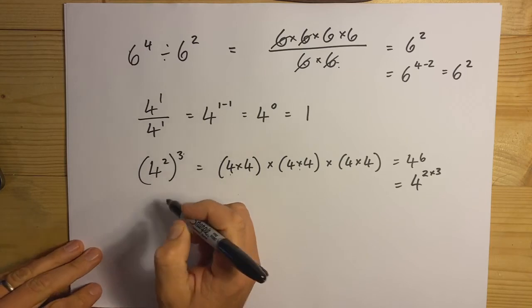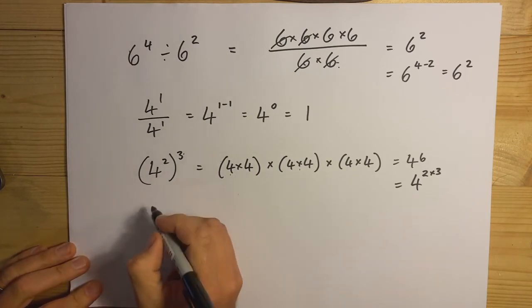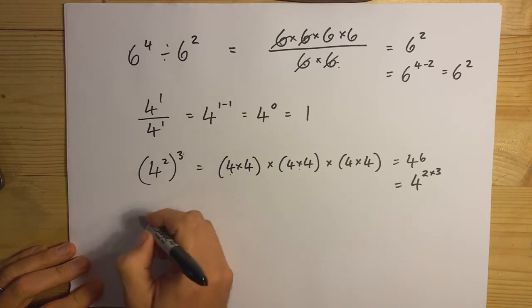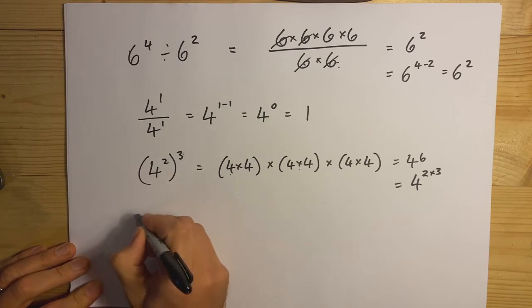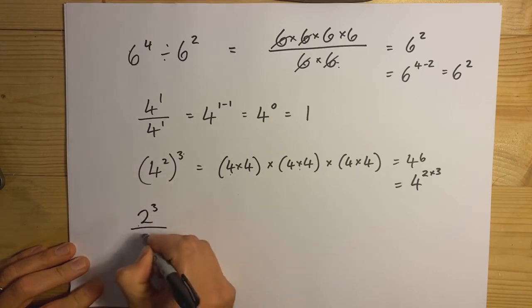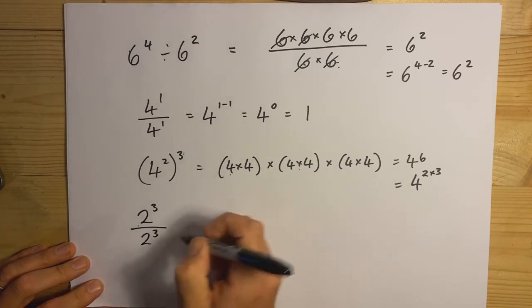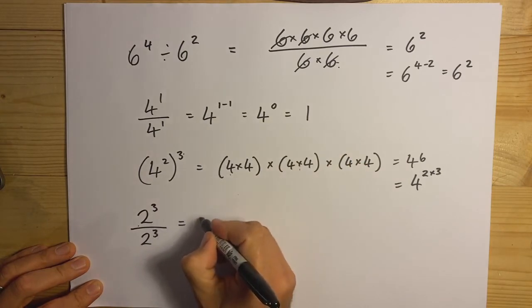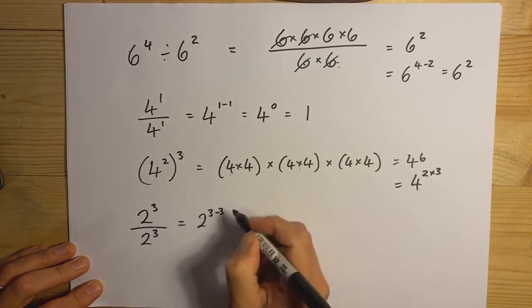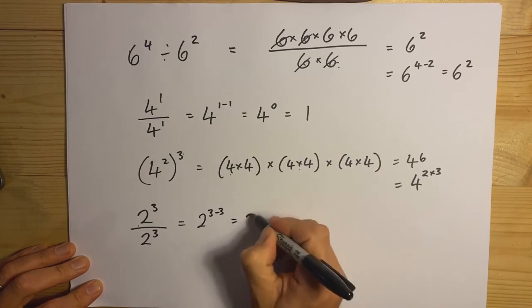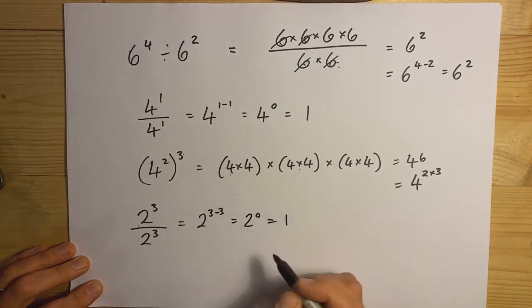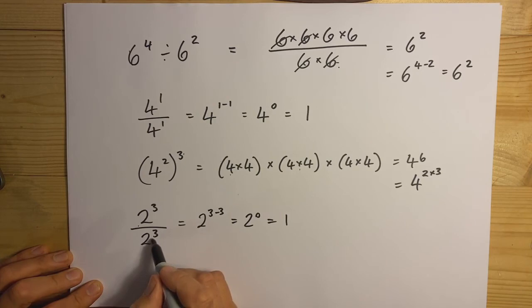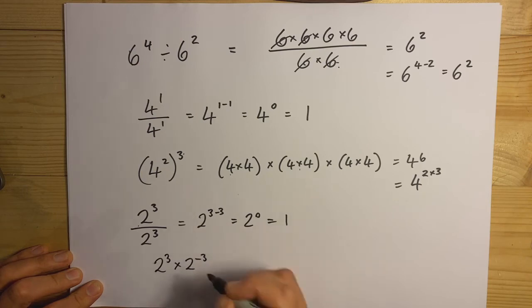Okay. Right, last one for this. Let's think about a situation with negative powers. Okay, so 2 cubed divided by 2 cubed. If we apply our rule that we had here, we can say that's the same as 2 to the power 3 minus 3, which is 2 to the power 0, or 1. Another way we could write that though is we've done 3 minus 3. We could say that's also 2 cubed times 2 to the minus 3.